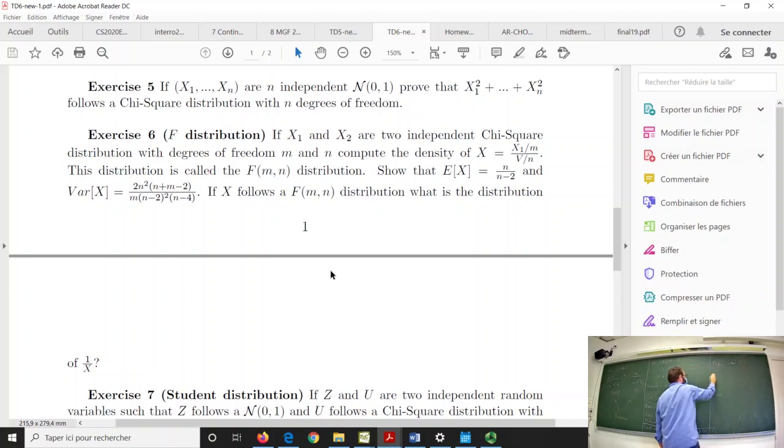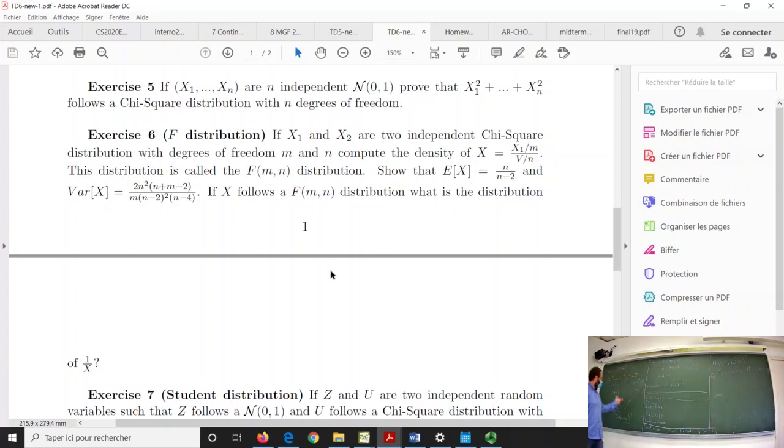by independence may be written as the moment generating function of x1 square plus until xn square at the point t, multiplied by the moment generating function of xn plus 1 square at the point t. Here I use independence.